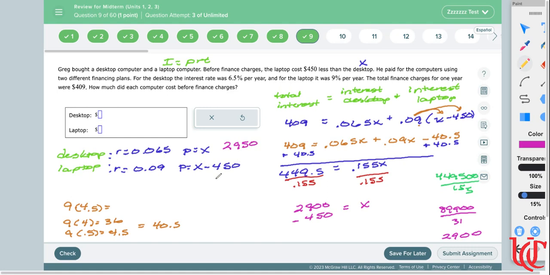So this is going to be 2,450. Nope, this is a 4. And if I checked it, I could add the 450 back to it, and I have 2,900. So yeah, it's a 4, not a 5.